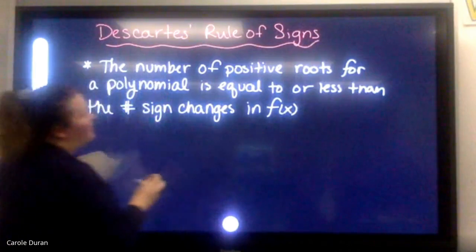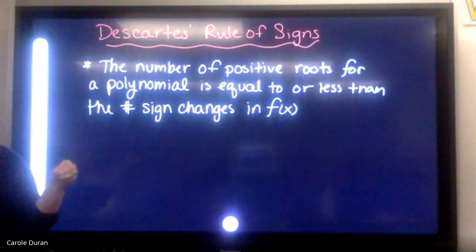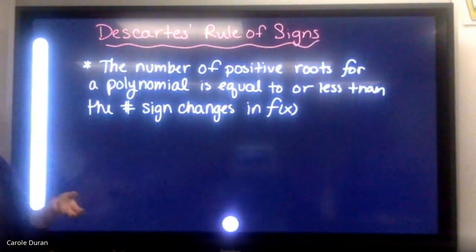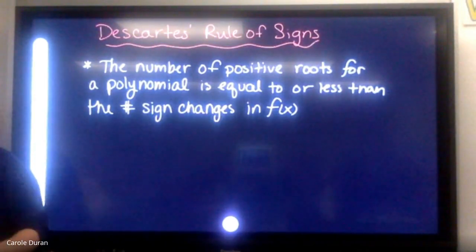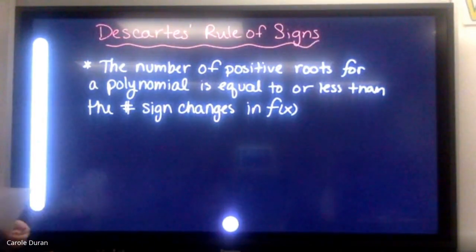So by sign changes, I mean it goes from a positive term to a negative term or a negative term to a positive term. And these are positive real roots, okay, not complex.